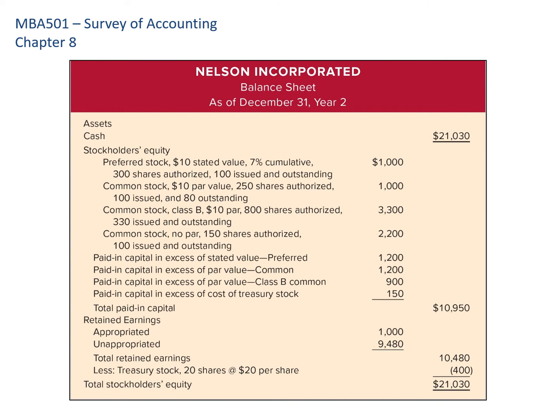Then they have retained earnings, and retained earnings can be appropriated or unappropriated. So appropriated means that there is some legal agreement that apportions part of the retained earnings to not be paid out as dividends.